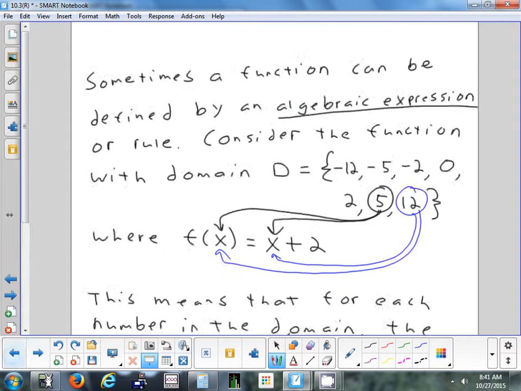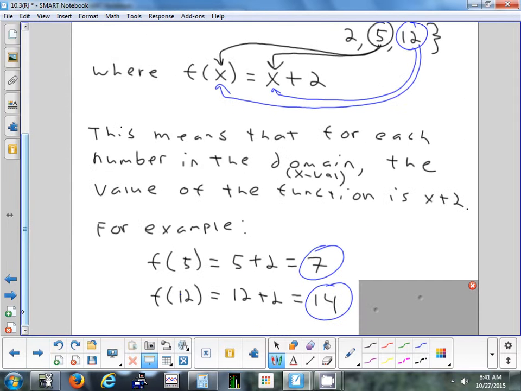Okay, look back at what we did on this one. How did we do f of 5? What did we do with the 5? You put the 5 in the spot of the x. Yeah, exactly. You take the 5 and we put it in place of the x.